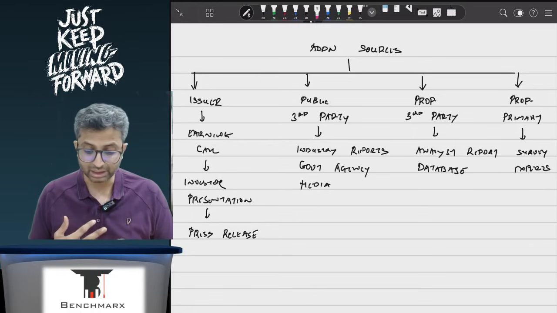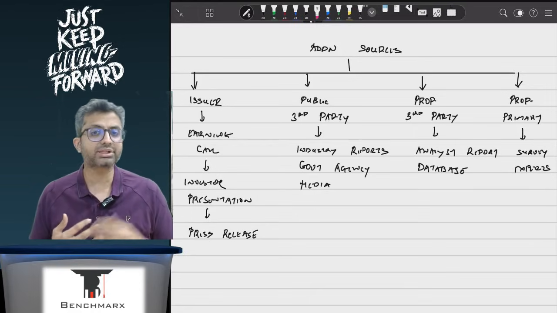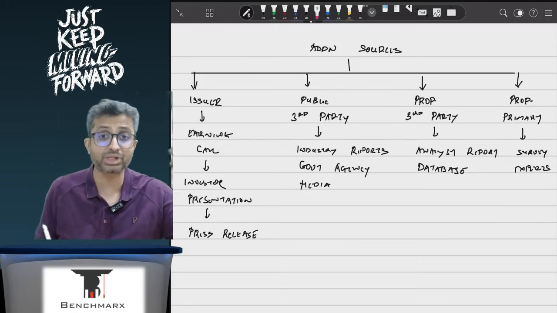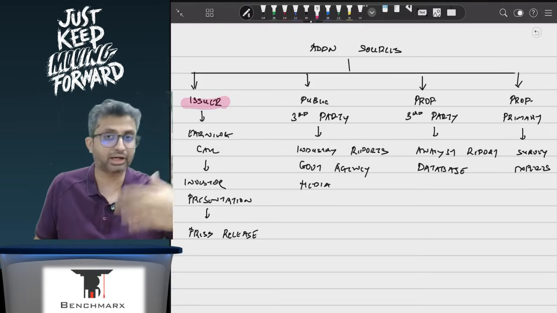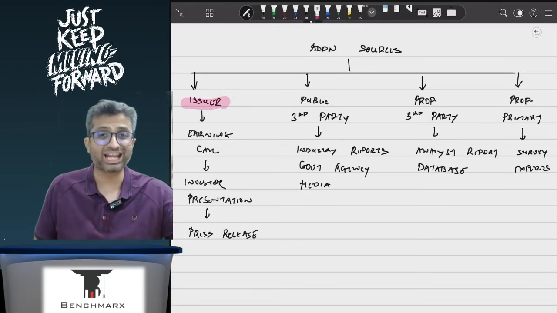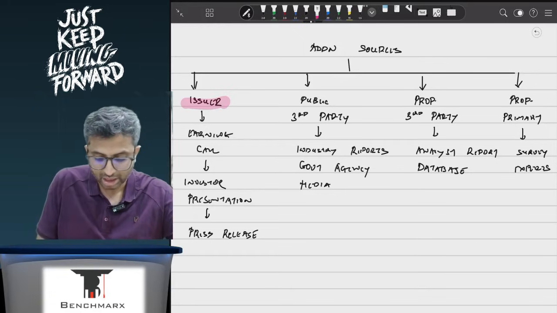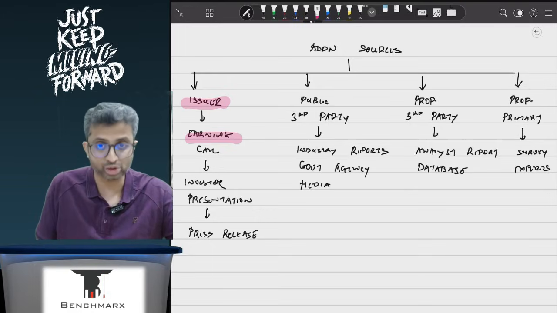We can quickly review that, which is, let us say, the sources which you typically use for the purpose of financial statements can come from the issuer, like apart from your 10K, 10Q, annual reports, etc. There can also be the earnings call and investor presentations which the issuer shares.